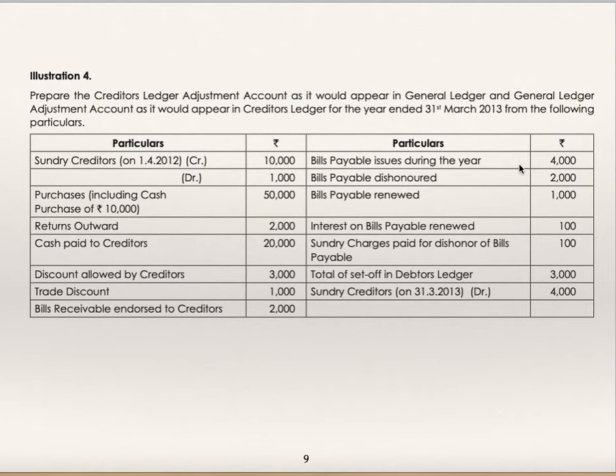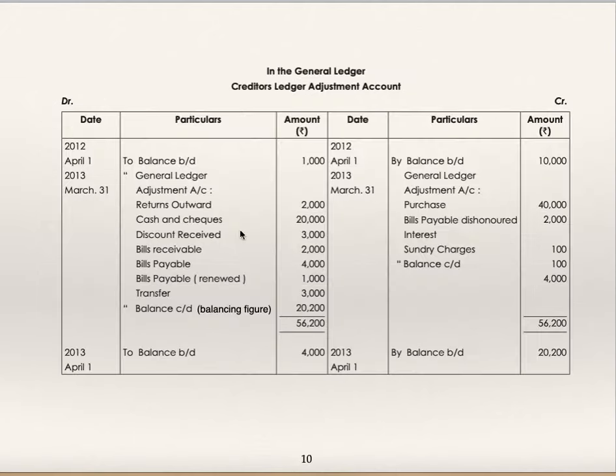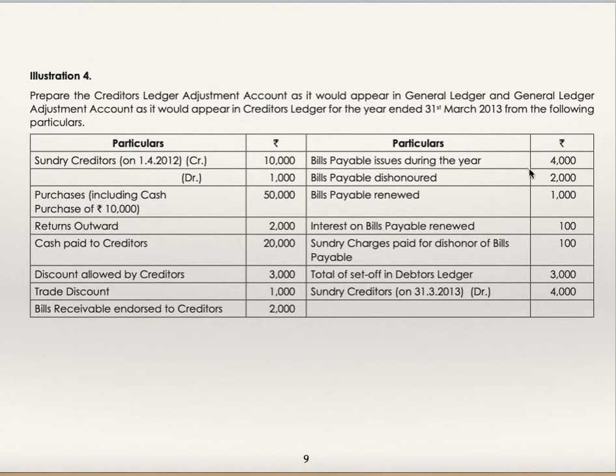Bills payable issued during the year 4,000. So this is bills receivable endorsed, this is bills payable, both to be debited. Bills payable dishonored, this is to be credited.